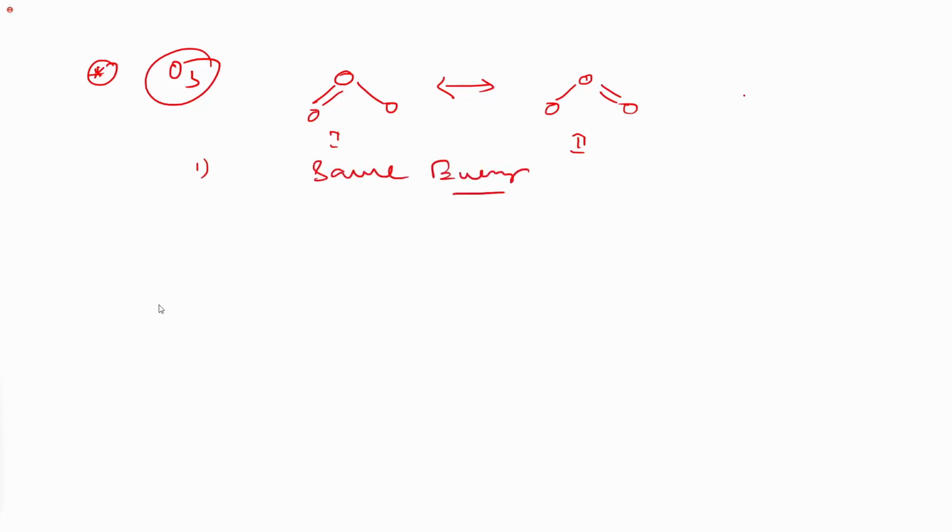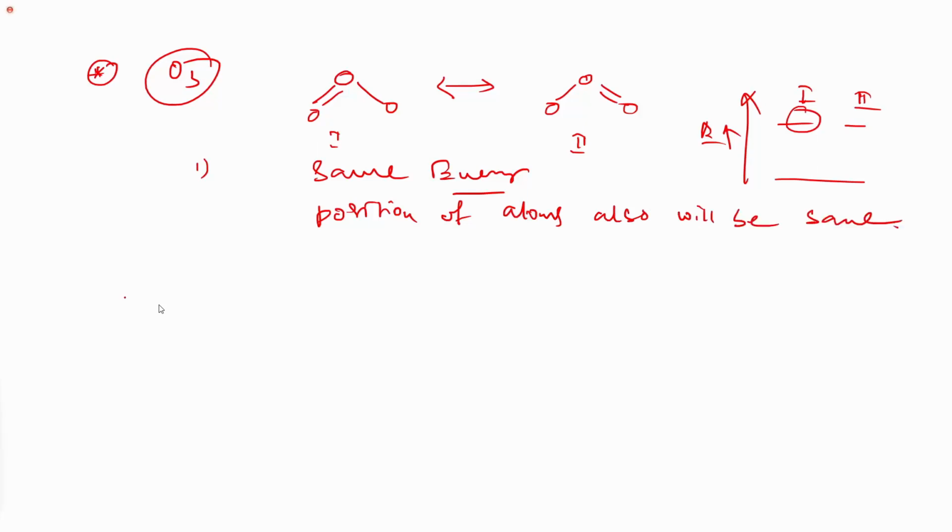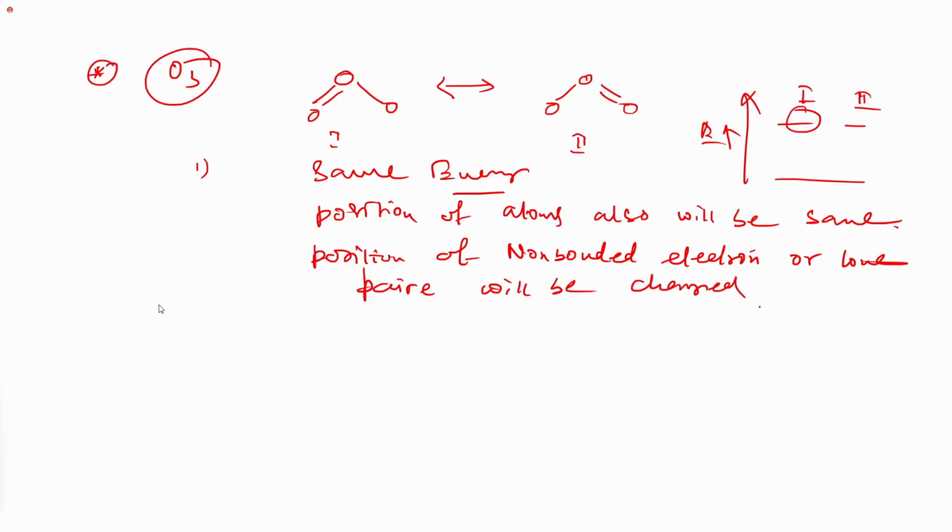If you draw the energy profile diagram, the energy of the two canonical forms will be the same. The position of the atoms will also be the same, but the position of the non-bonded electrons, or lone pairs, will change. How? In one there are three lone pairs, in another there is one, and there are two lone pairs.